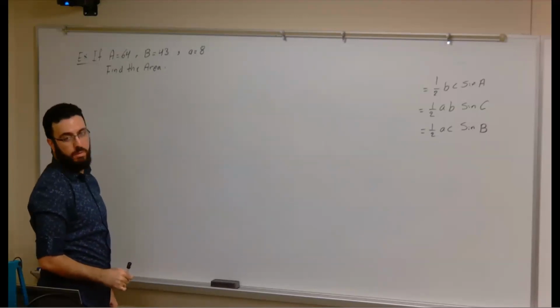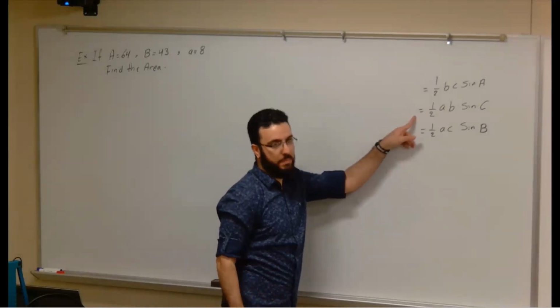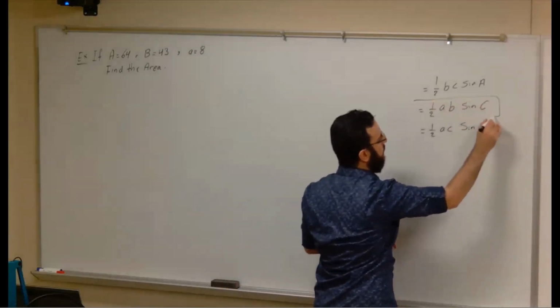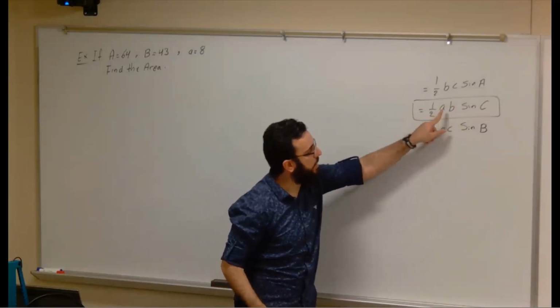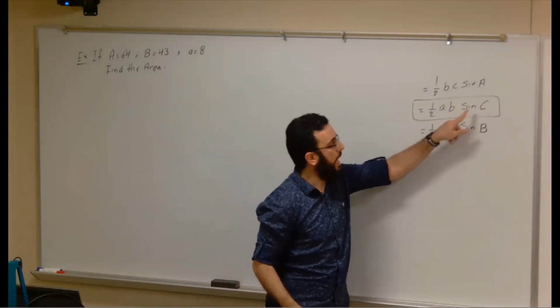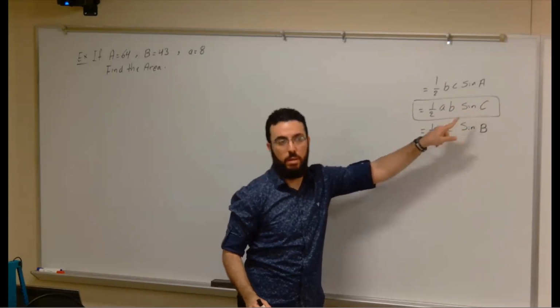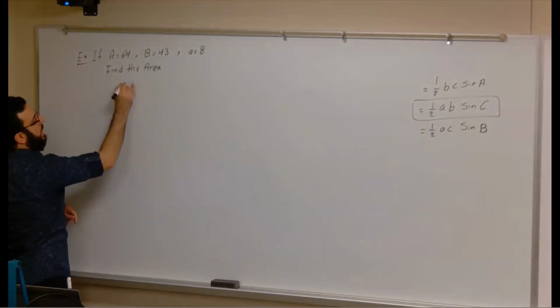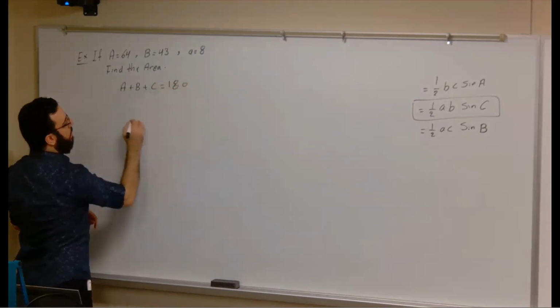What about the angle? Now tell me, which one am I gonna use? You wanna use the second one? If you wanna use the second one, do you have A? Do you have B? No, you have to find the angle also. How are you gonna find the angle? 180 minus 64, perfect, because we have two angles. So A plus B plus C equals 180.